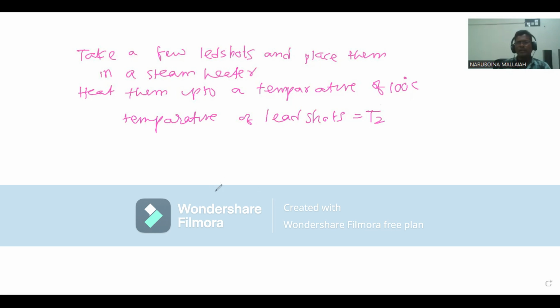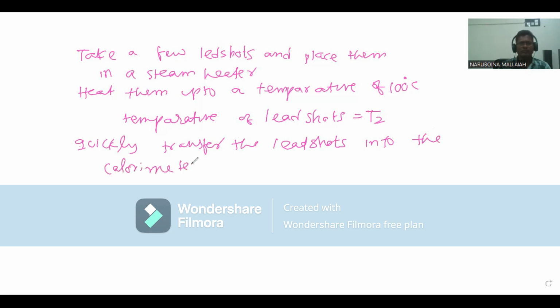So now immediately we have to take these lead shots and transfer them into the calorimeter. Now quickly transfer the lead shots into the calorimeter.